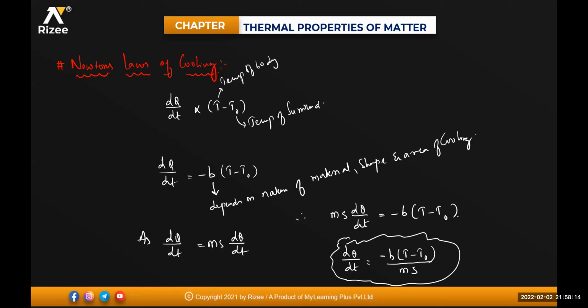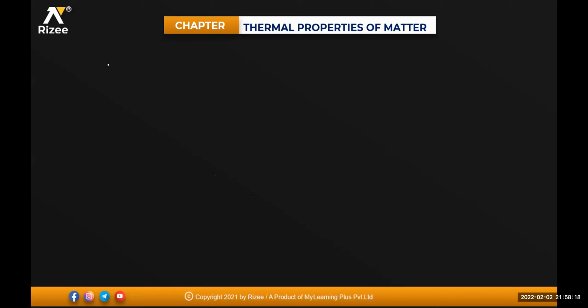So this total one I can take as a constant, beta. If I write it in terms of a basic formula, theta 1 minus theta 2 divided by time t is equal to some constant k into theta 1 plus theta 2 divided by 2 minus theta naught, where k is some constant, that is b by m into s.